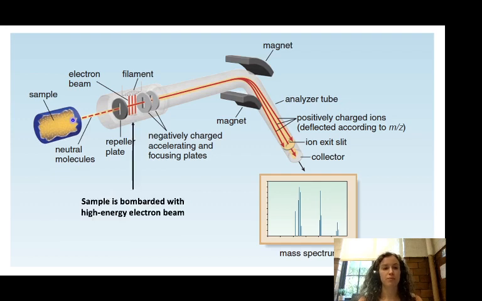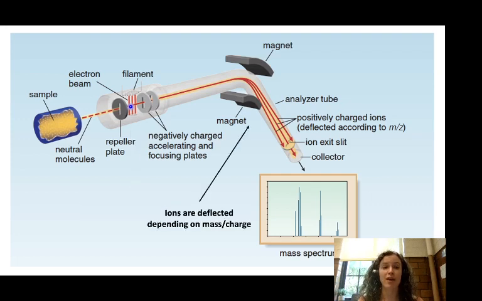Then, once the sample enters the mass spectrometer, it is bombarded with a high energy electron beam. This gives your molecules charge. It also, because it's so high energy, tends to break some of the bonds in the compound.